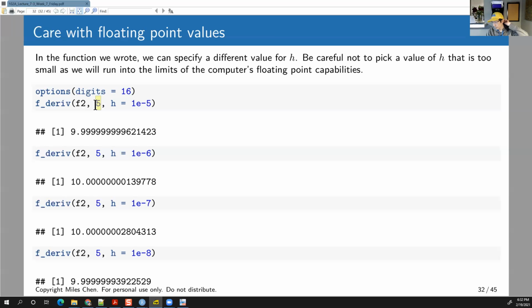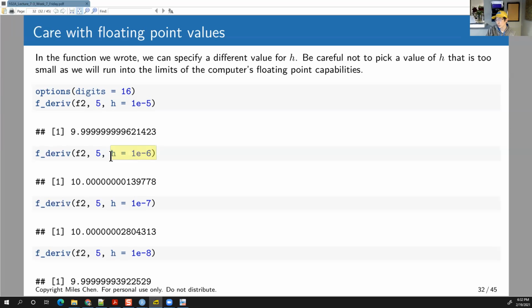And so when we're dealing with numbers like 25, how much precision can we expect? It's not actually helpful to just say, well, I want to make my h as small as possible, right?